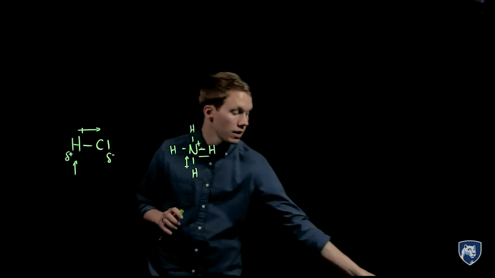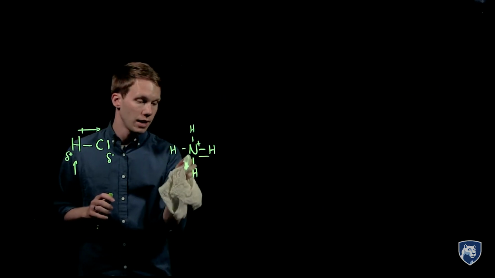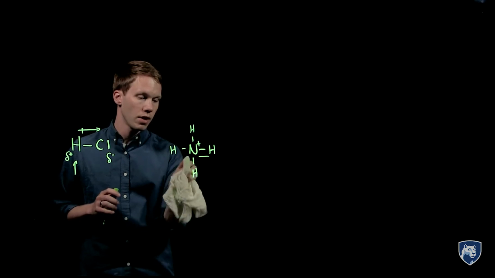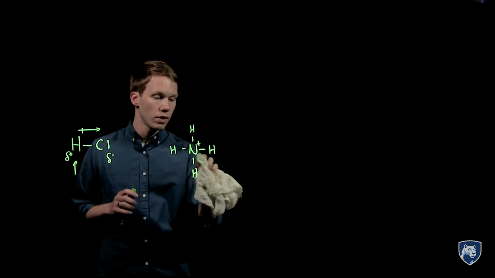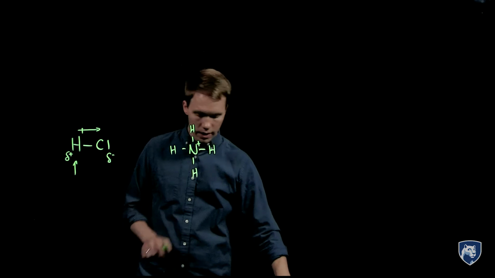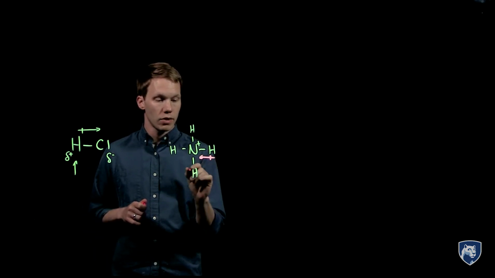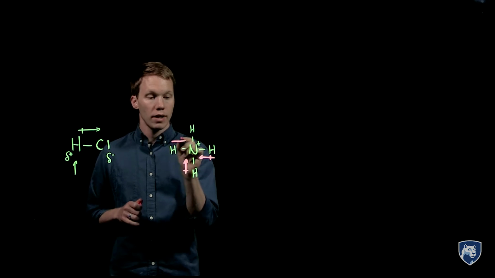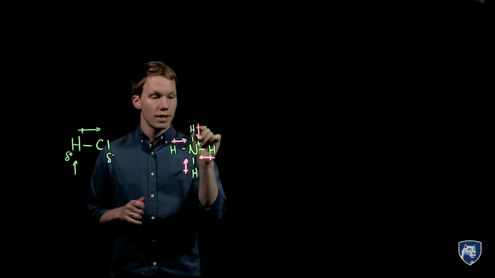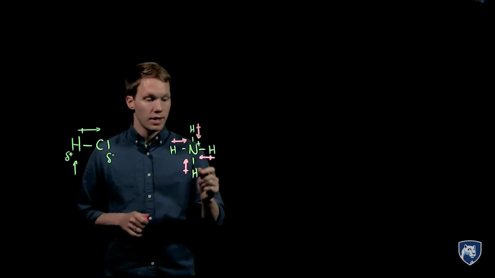Let me go ahead and make these arrows in a different color marker so that they are a bit easier to see here with everything being green. So we will have delta plus on these hydrogens and delta minus on the nitrogen.